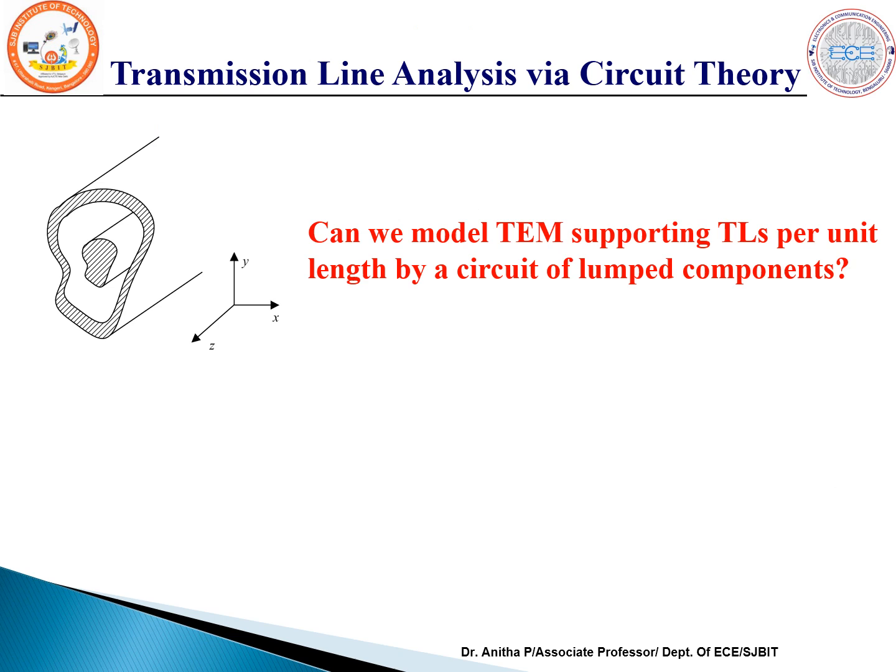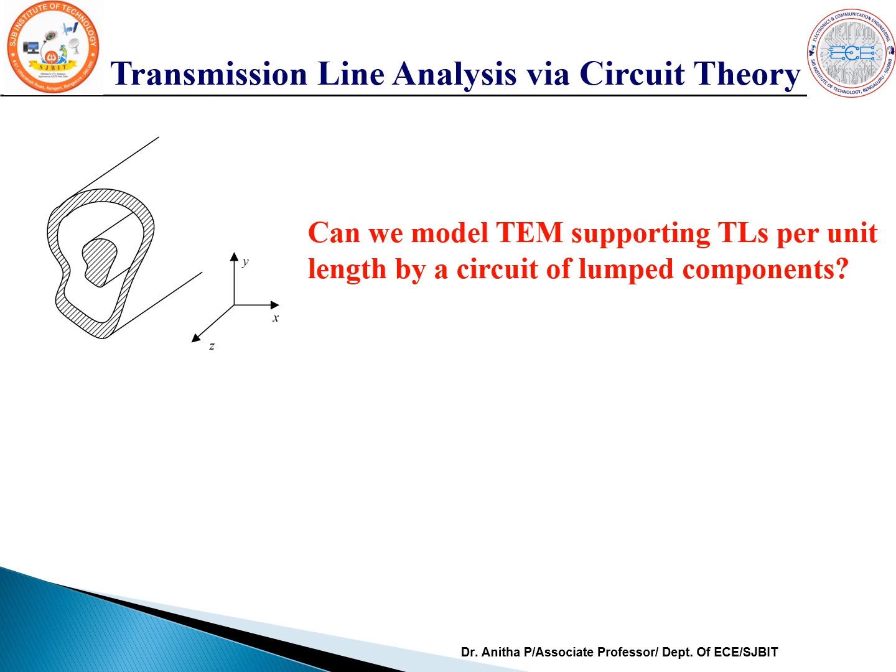So now we need to analyze this transmission line. Analysis indicates I must be in a position to find out the voltage or the current variations, or it may be a power variation at the other end of the line, by giving the input from one end. So can we model this transmission line, or do the analysis same as your lumped components?